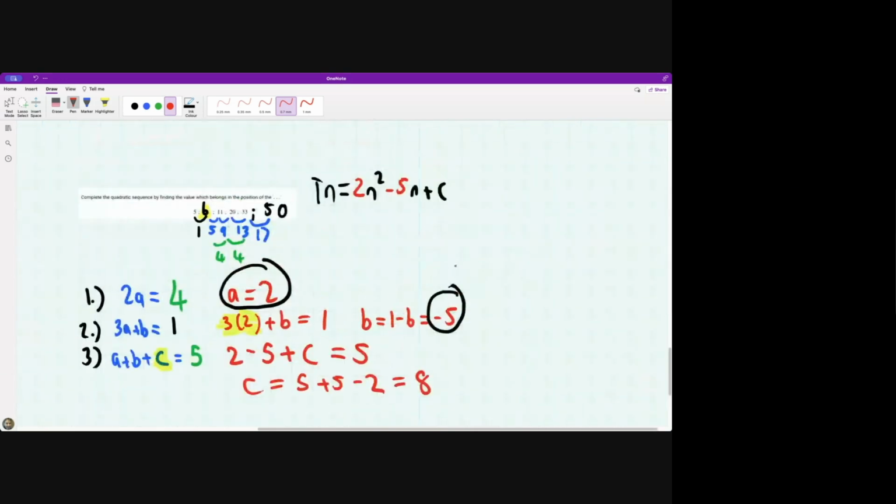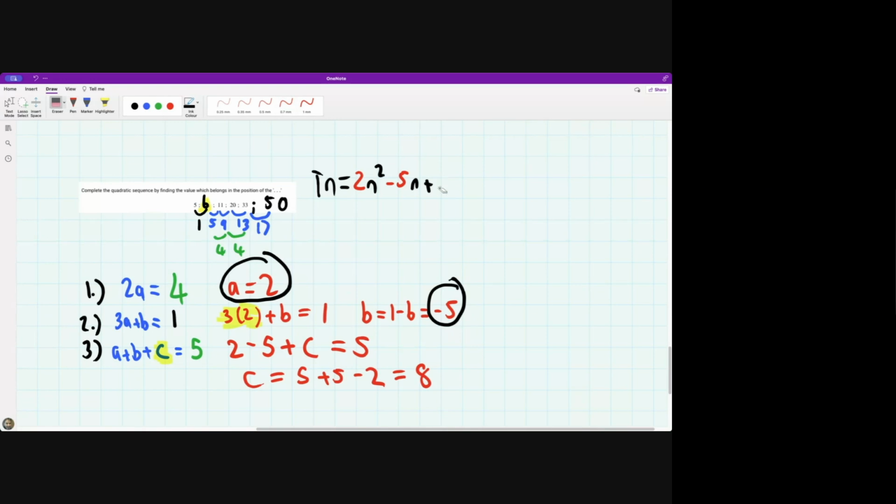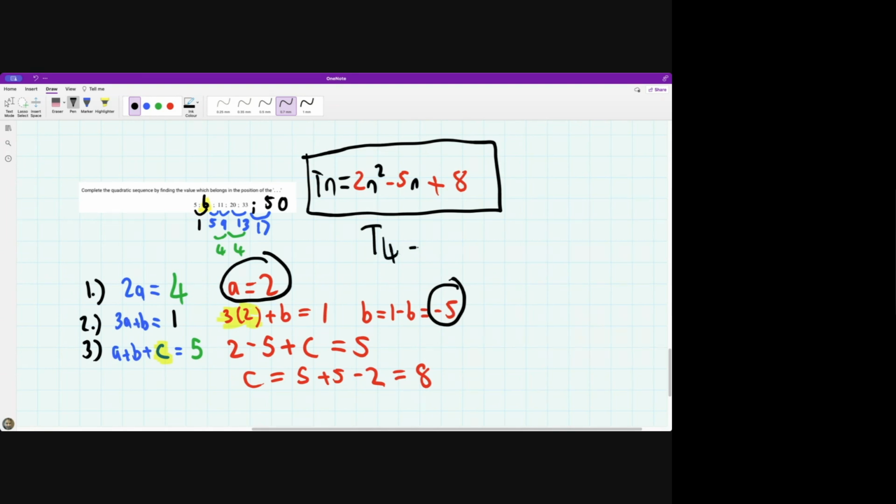So now let's go back to the top. My quadratic number pattern's formula is equal to this. Now, we need to check. So I want all of you to take out your calculators, and I want you to put a 4 where n is. So we are going to put a 4 wherever I see an n, right?